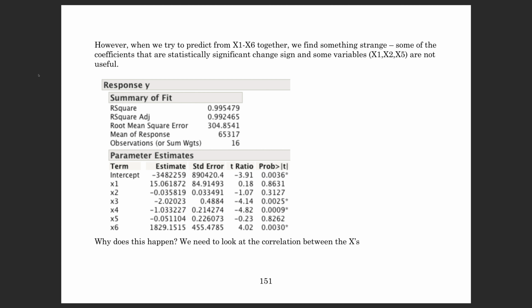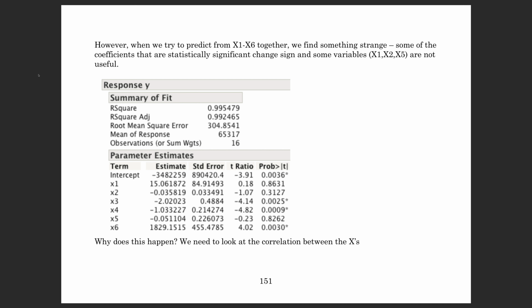And once we have x6, it doesn't look like we need all of 1, 2, and 5. Now we have to be a little bit careful here, because maybe we still need one more of 1, 2, and 5. This is just saying we don't need all of 1, 2, and 5.